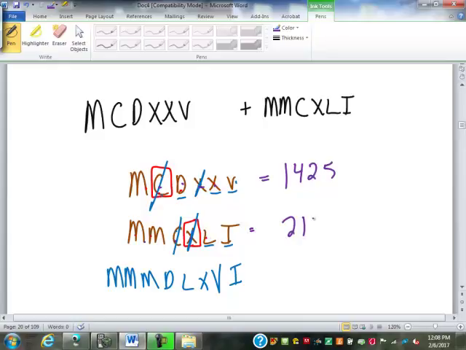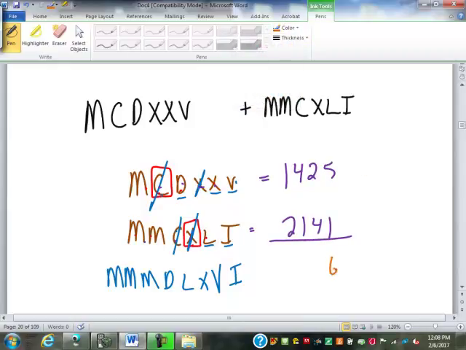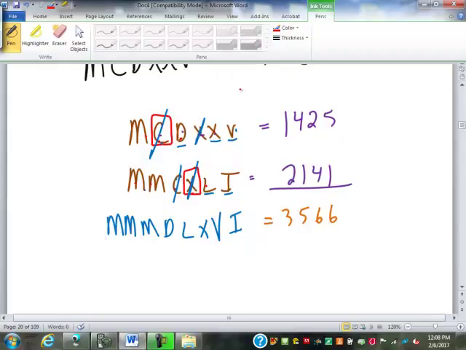X from L would be 40, so 2,141. If I add that together, I get 3,566. Let's check and see. This is 3,500. That's 50.